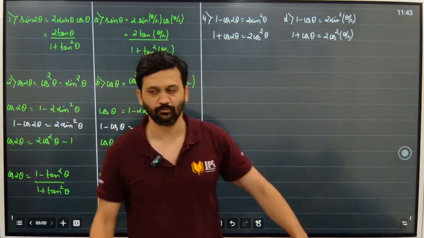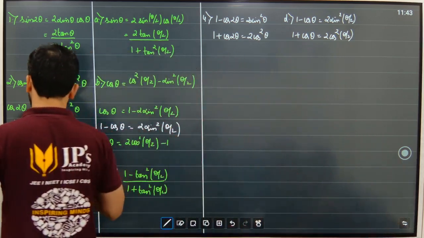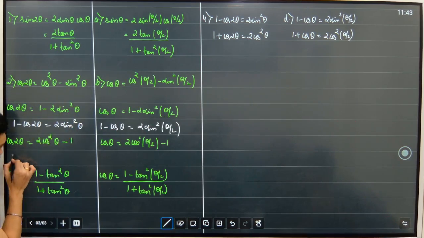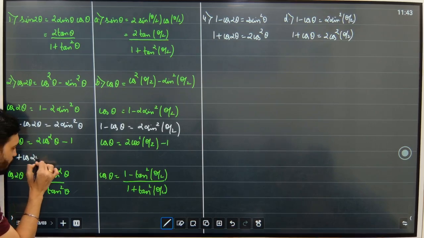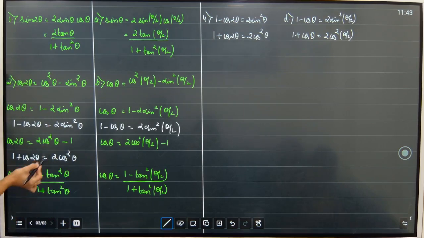How did we come to know? Just look at the formula below. This is what I have written there. I have just taken 1 on the left hand side. So 1 plus cos 2 theta will become 2 cos square theta. We made the 1 positive. That's it.